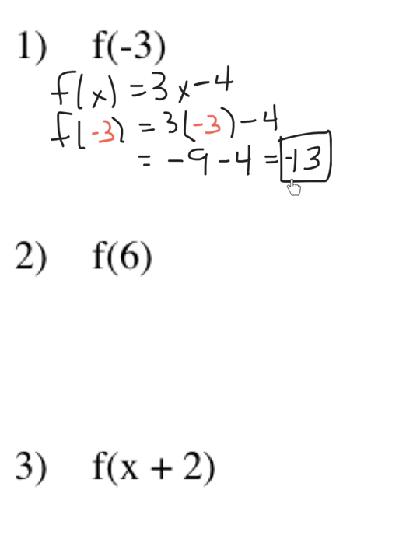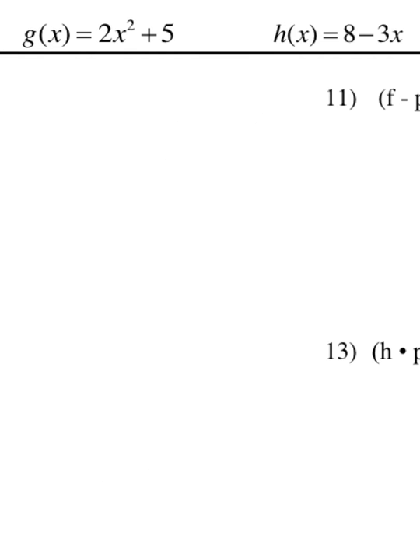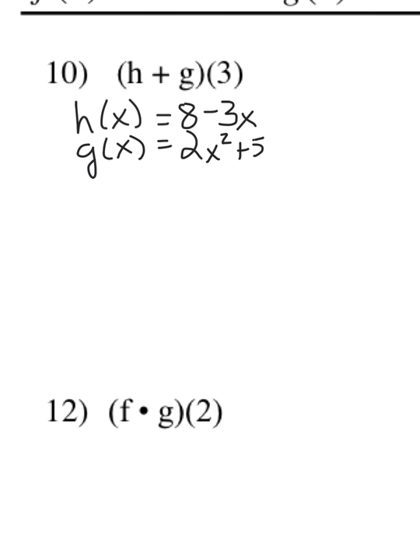All right, so let's go to number 10 and take a look at that combination. Now in number 10, I'm going to be using g of x and h of x to do this combination. All right, so I have my two functions, and there's actually two ways that I can do this combination.